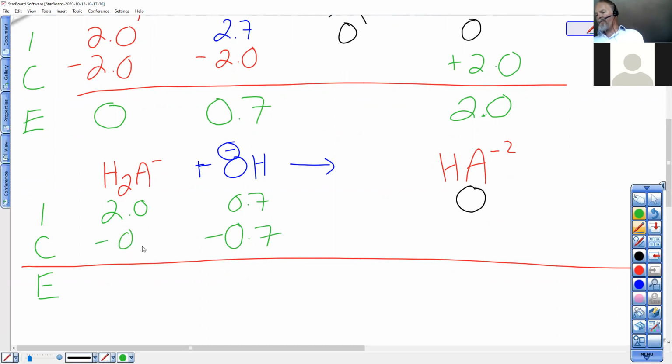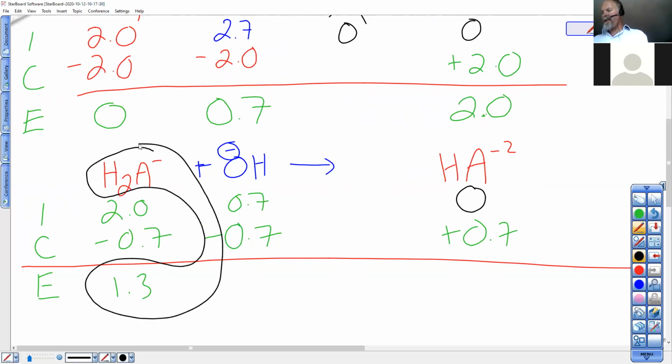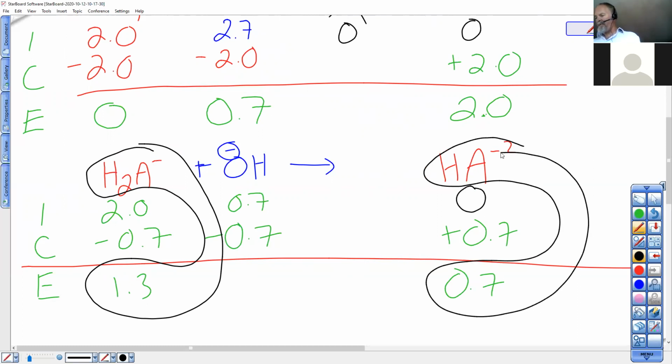You can only react 0.7 moles of H2A negative when you have 0.7 moles hydroxide. You're going to create 0.7 moles of that. In the end, you're left with 1.3 moles of that, and you just created 0.7 moles of this. That is the end. How do you know it's the end? Because you have 0 strong base left over. You've got to keep going until your strong base is gone.